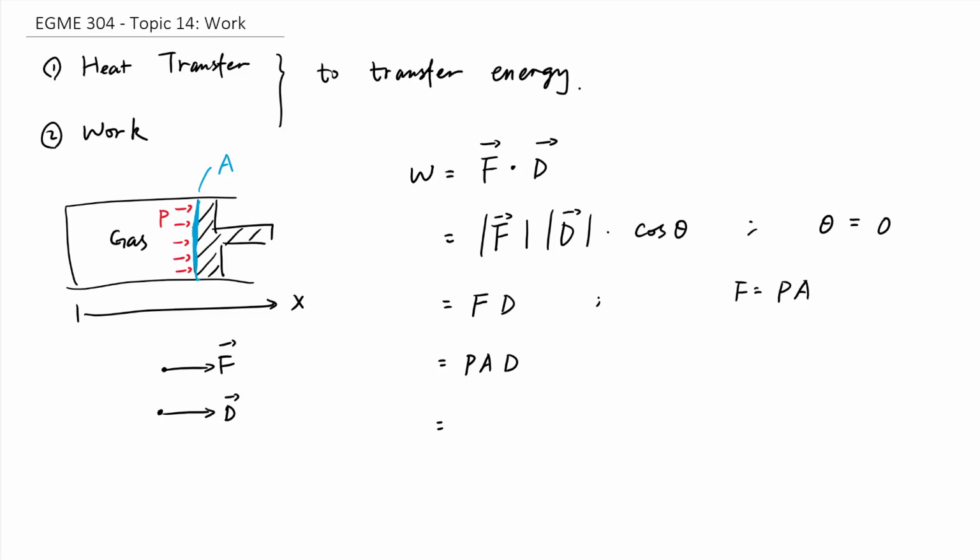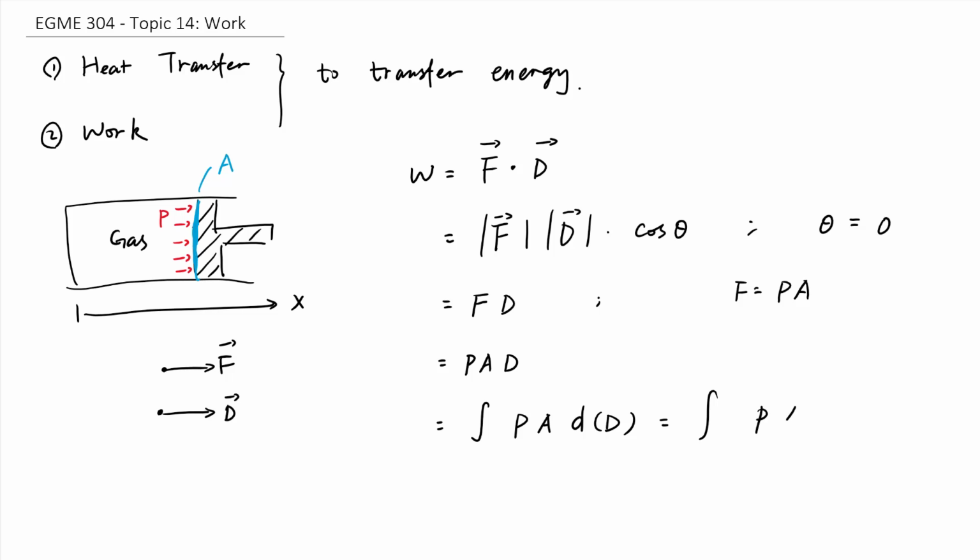Okay, if this P is not constant, there's no need to fret. All we need to do is to change multiplication into integration. So this equation will just become integral P dx, a derivative of the distance. Okay, all right, and then let's continue.